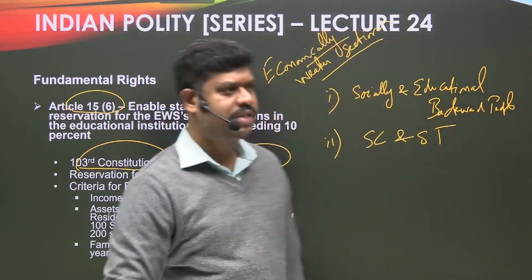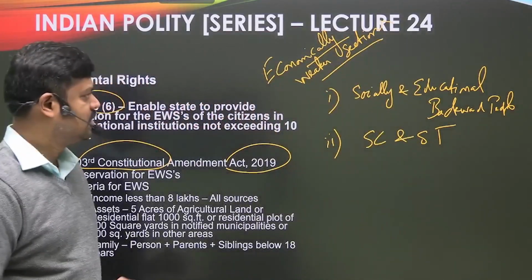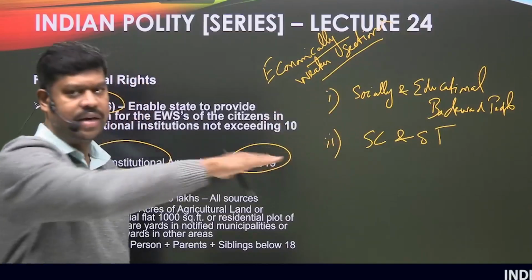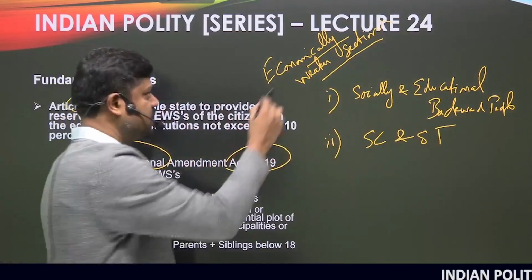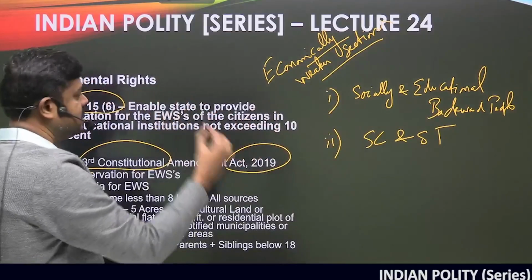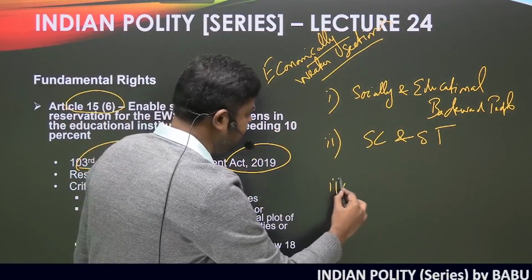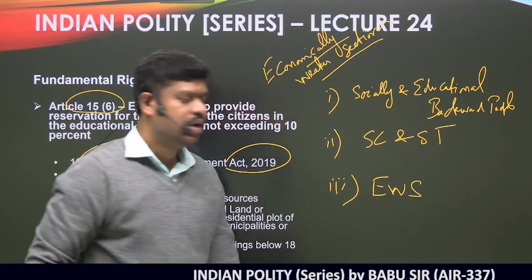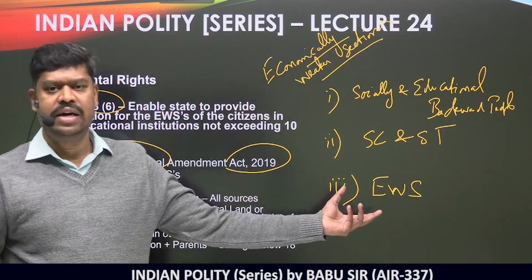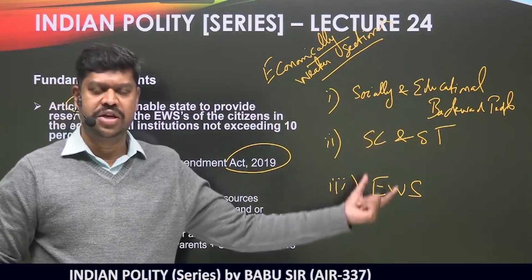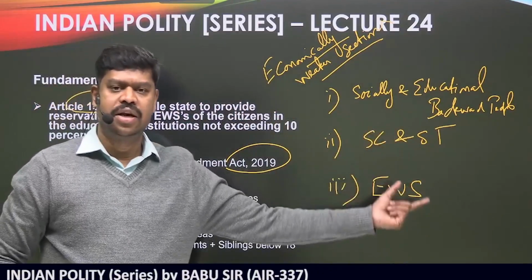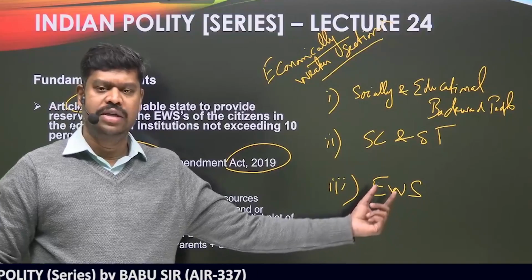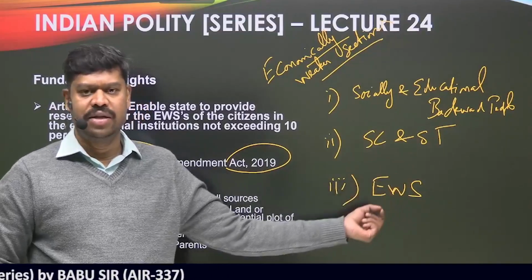So what is the intention of Article 15 Clause 6? In addition to these categories who are already getting the benefit of reservation, Article 15 Clause 6 inserted one more category, what is called EWS reservation. They are the economically weaker sections. Not necessarily are they socially and educationally backward, not necessarily are they backward community, not necessarily are they scheduled caste or scheduled tribe by their caste.